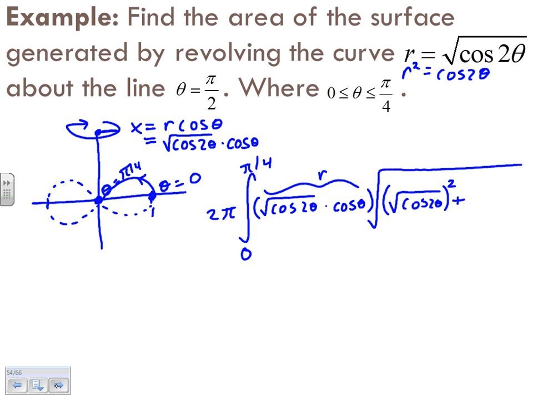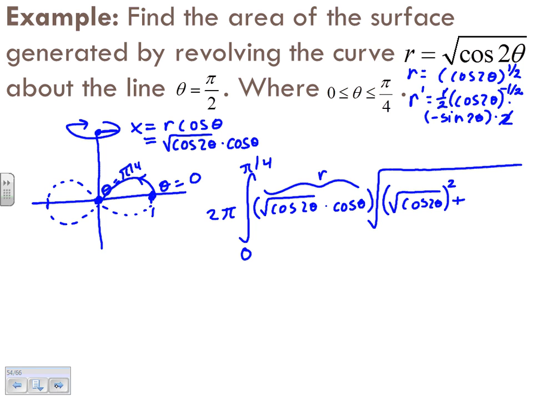Plus, let's see, what's the derivative of this we have? So, R prime, let's rewrite that. R prime, we're going to have to use our chain rule. 1/2 cosine of 2 theta to the negative 1/2 times negative sine of 2 theta times 2.